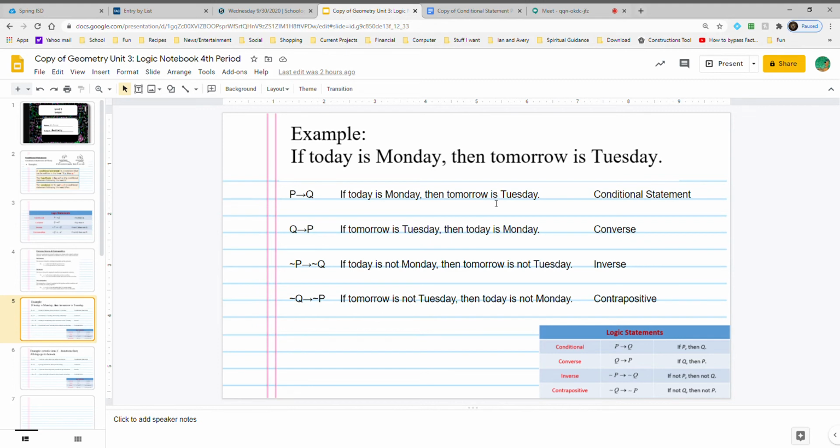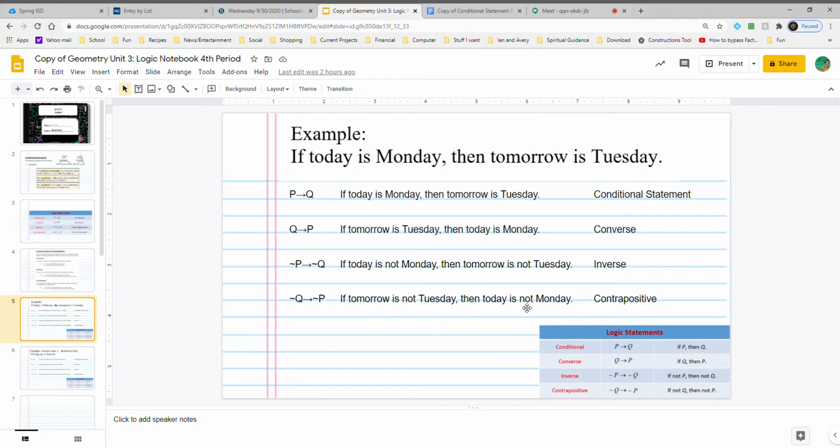You just take this part and you swap places with it. Okay, to get the inverse, I literally copied this first line, see, because it's P then Q, and this is P then Q, but with nots. I pasted it here, and then I put the word not in there in both places. If today is not Monday, then tomorrow is not Tuesday.